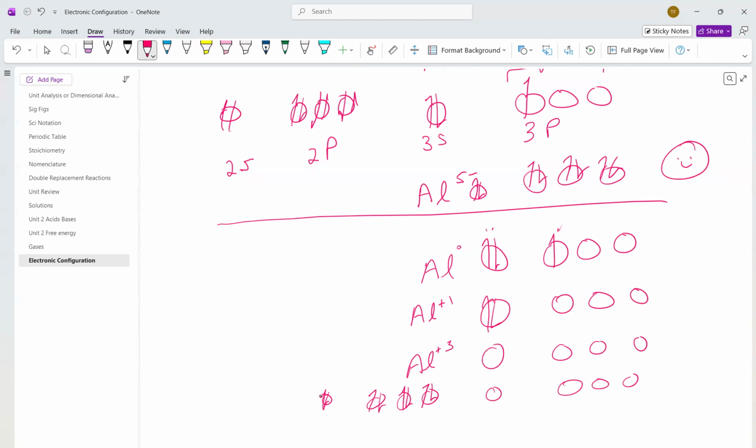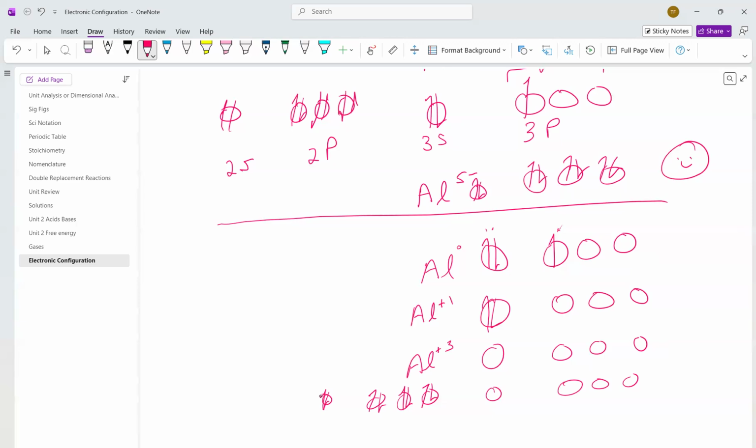Which do you think nature does? It loses 3 because there's less of them to deal with. Gaining 5 is a lot of electrons. Losing 3 is a lot of electrons too, but it's less than 5. So if you have multiple configurations, the one that wins out is the one with the least disturbance.